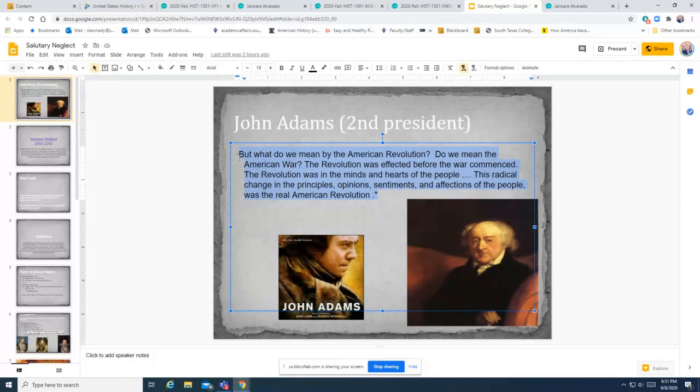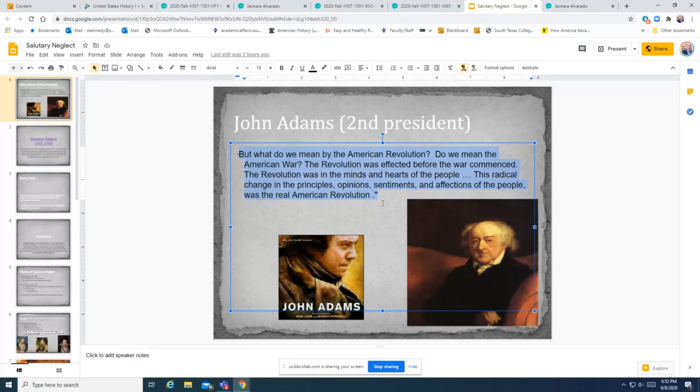This radical change in the principles, opinions, sentiments, and the affections of the people was the real American Revolution. Right? So what he's saying here is it wasn't the war itself that was the revolution. It's what happened prior to the conflict between Great Britain and its colonies, going back to the early 1600s through the 1700s.